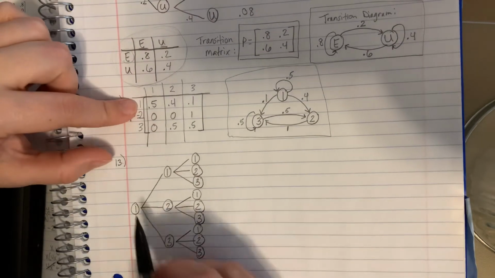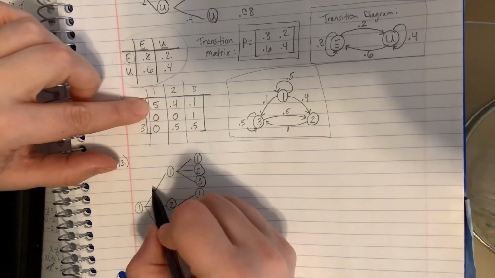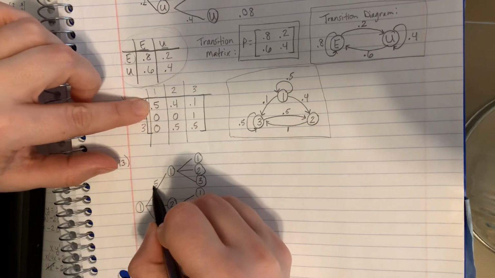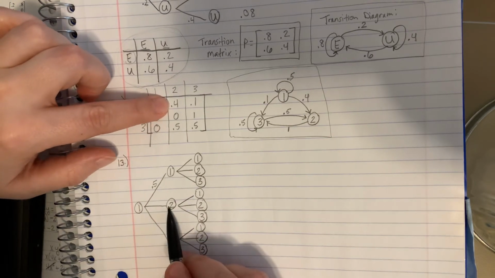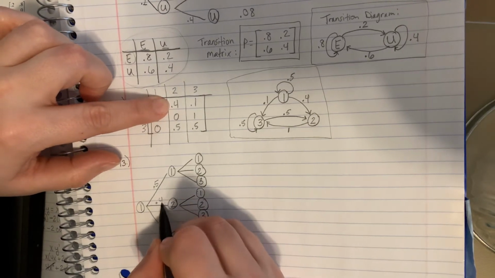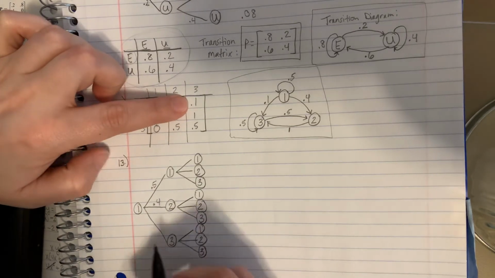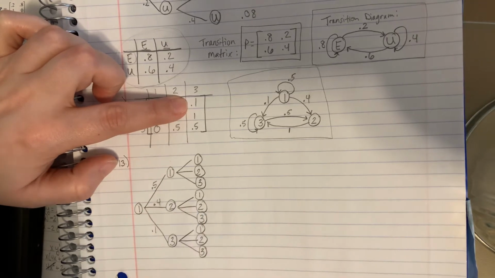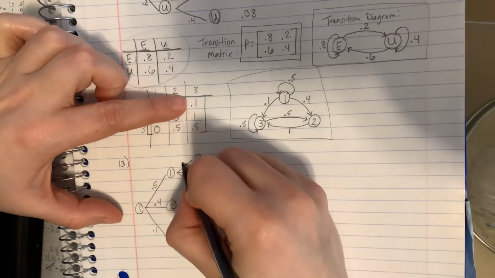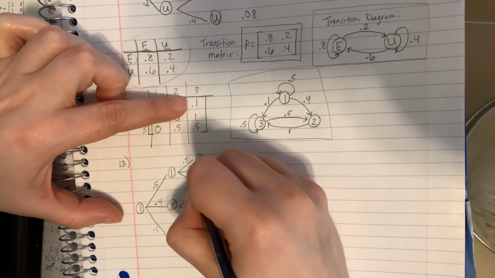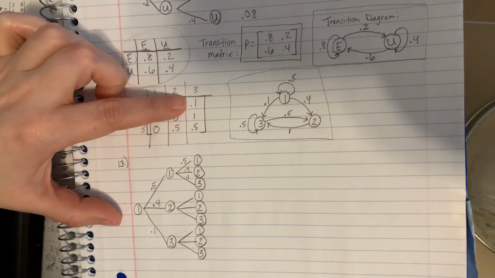So if I'm at 1 to begin with, and I go to 1, that's a 0.5 probability. If I'm at 1 and I go to 2, that's a 0.4 probability. If I'm at 1 and I go to 3, that's a 0.1. So this one would end up exactly the same as this one did. So 0.5, 0.4, 0.1.